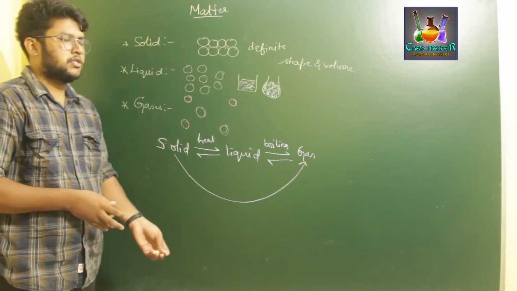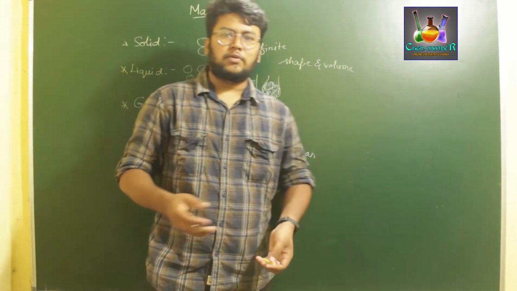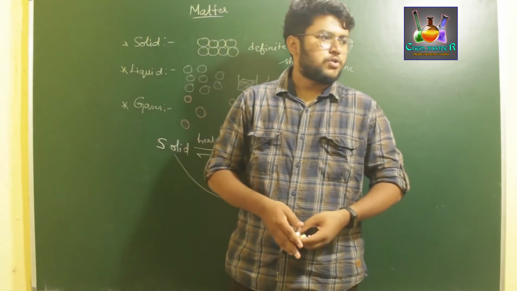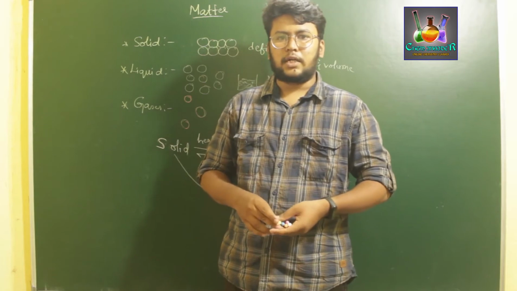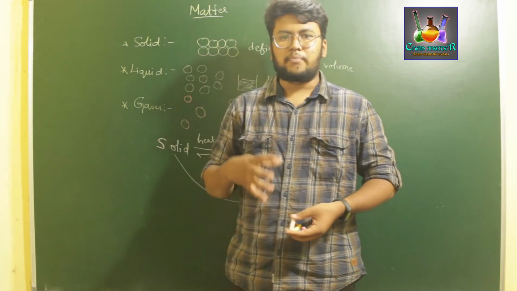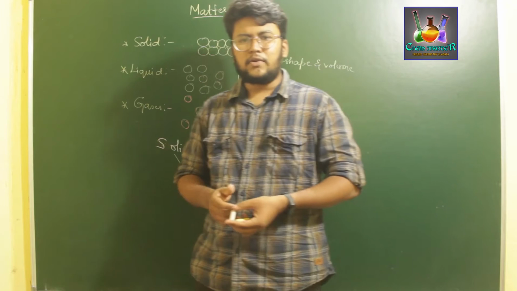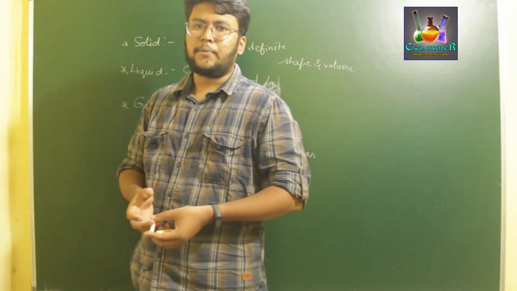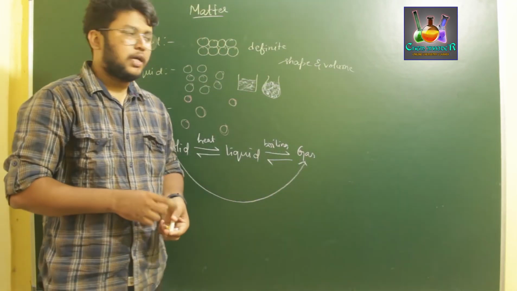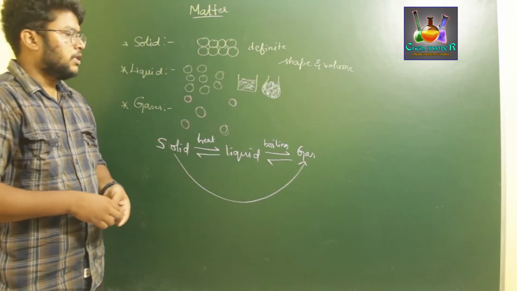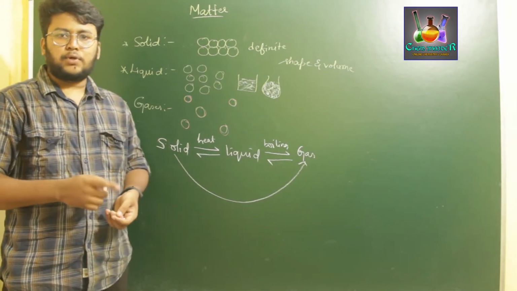This is what we discussed in the previous classes and in your class 10. Now if you consider the higher point of view, that is macroscopic observation, we classify matter into two types: mixtures and pure substances.